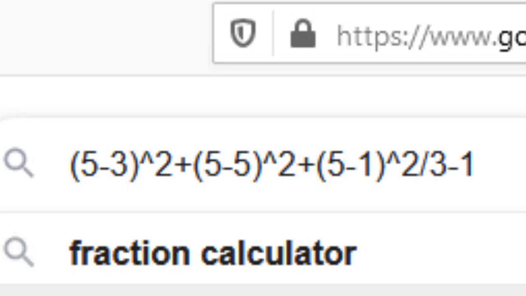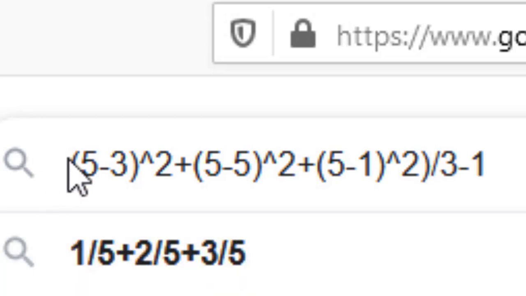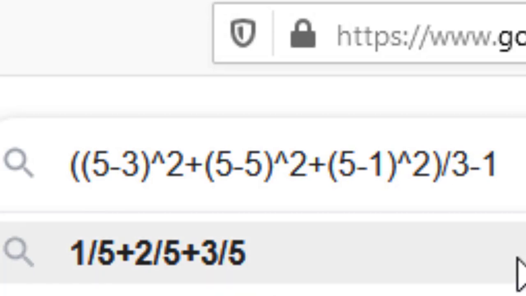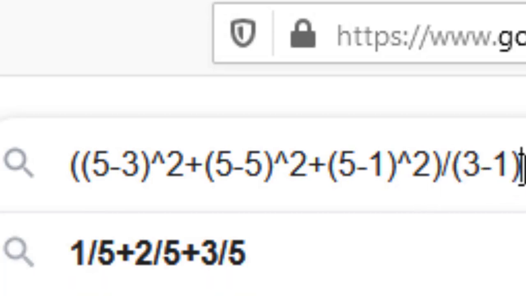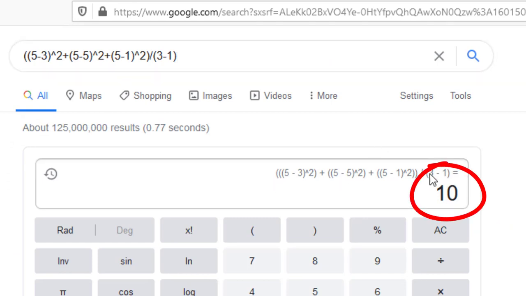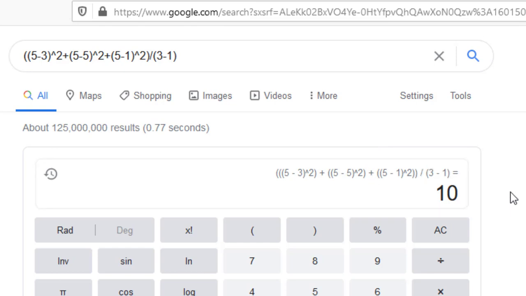So I need to place parentheses here and here. That groups the numerator. And then here and here, and that groups the denominator. And that's how I get 10.